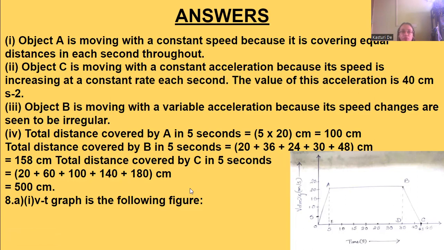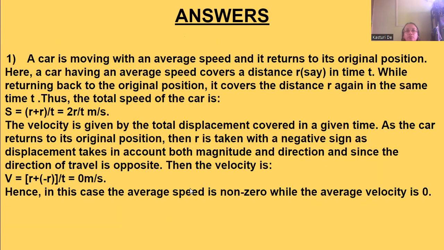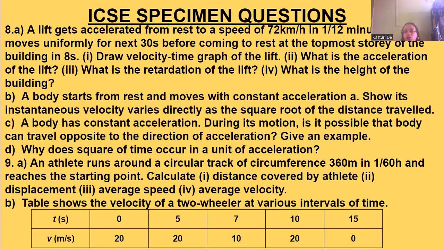Then it moves at the same speed for 30 seconds, from 5 to 35, and then it comes to rest at the topmost story of the building in 8 seconds.